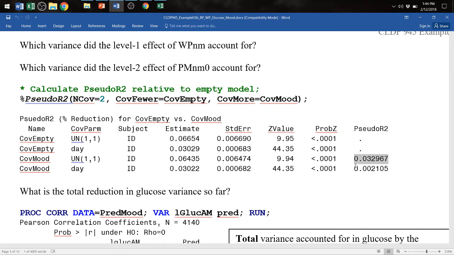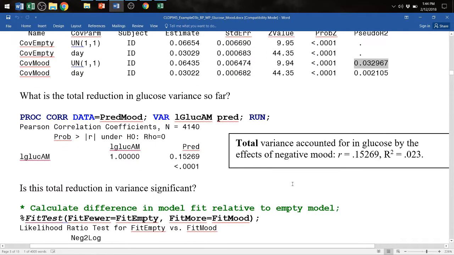And if you want to put those percentages back together, that's where your friend total R square comes in. So I have the correlation here between the actual log glucose outcome and the one that was predicted from the model fixed effects, which at this point are just the 2 effects of negative mood. The correlation between the real outcome and the one predicted by the model is 0.15.